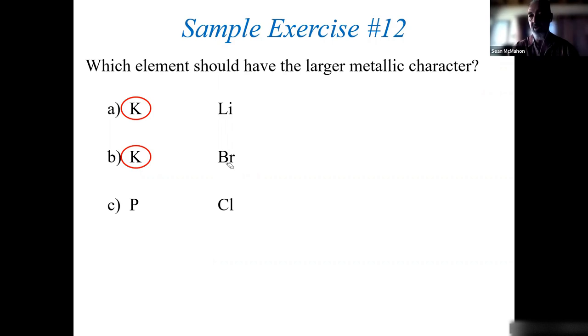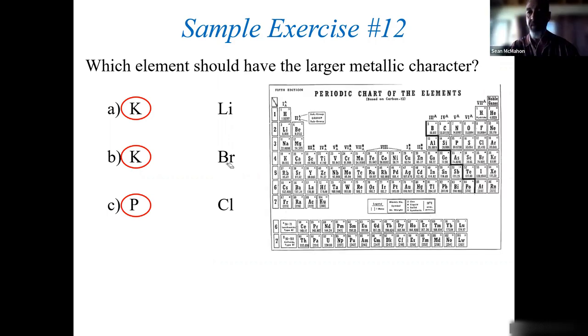Between phosphorus and chlorine. They're both non-metals, but which one's closer to the noble gas and has a higher ionization energy and is smaller? Chlorine's smaller. Oh, oh no, phosphorus, I'm sorry, my bad. Phosphorus is in the third energy level. I believe chlorine's in the, oh, here we go.